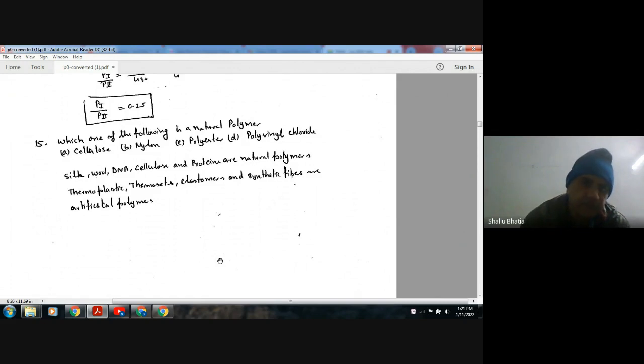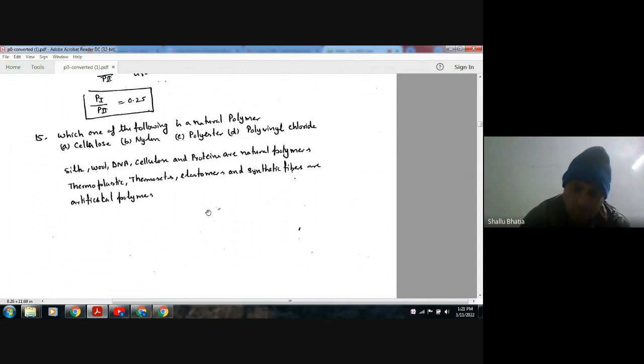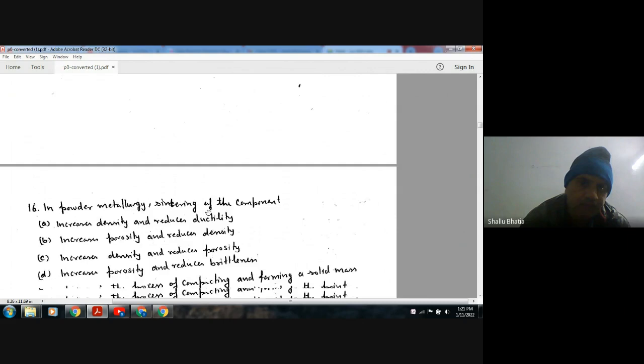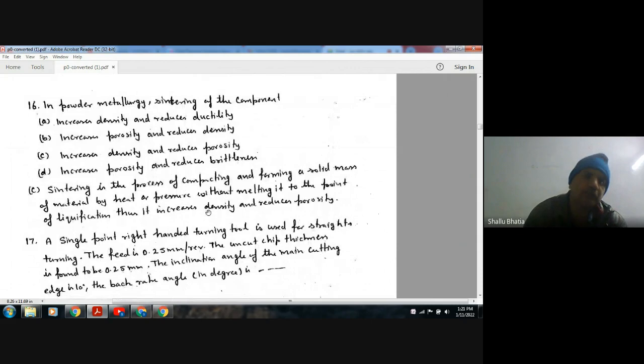Option A, cellulose is the natural polymer, and other natural polymers are silk, wool, DNA, and thermoplastic, thermoset, elastomers, synthetic fiber are artificial polymers.